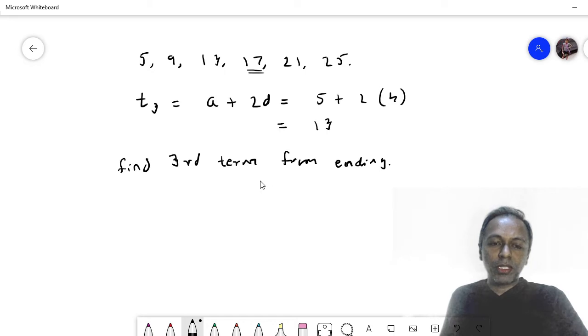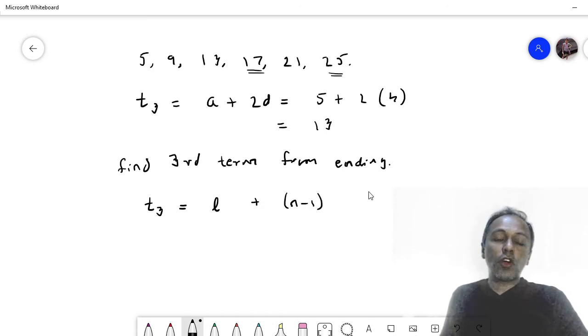To get such a solution, you can reverse the AP. So what you can do is you can think that the question is beginning with 25. So your third term from ending will be equal to the last term from the beginning plus (n minus 1) into the common difference.